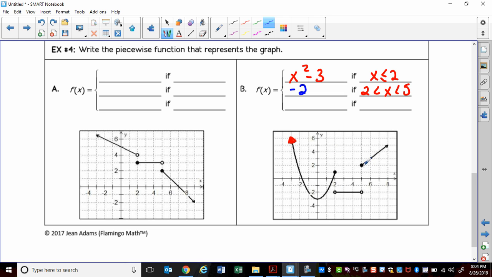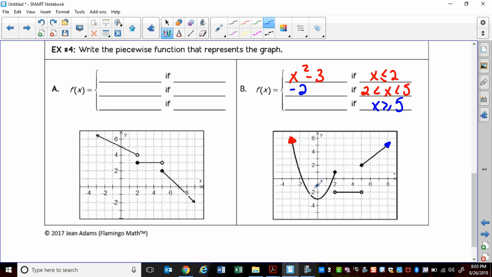Now this one, it looks like we can include 5 and go on infinitely. We have an arrow right here on the end again, and it goes on forever to the right. So this one is when x is greater than or equal to 5. And these should pretty much pick up where the last one left off. So this is just a straight line.